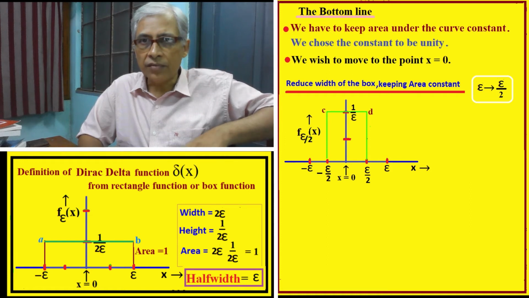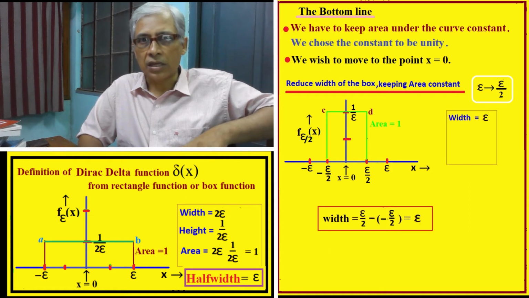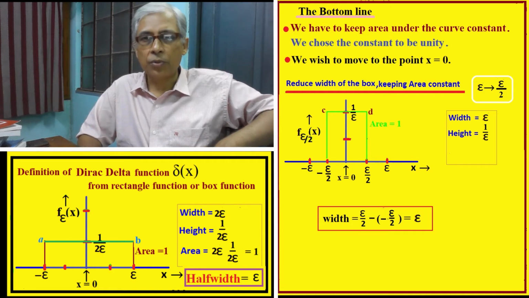So the width of the plot or the curve would be epsilon as calculated in the box outlined in the red. Again, since shrinkage of width would reduce area and we cannot allow it, it is clear and imperative that we increase the height by an appropriate amount to restore the area to unity.